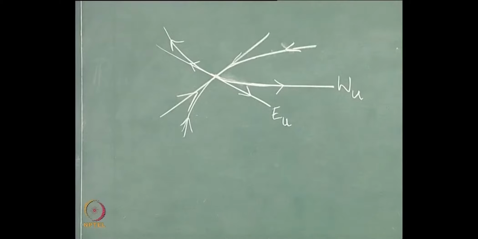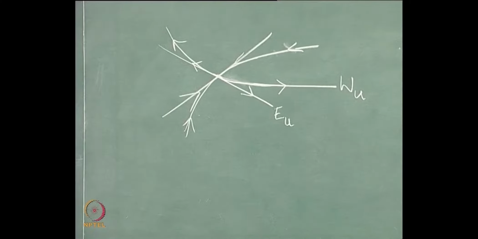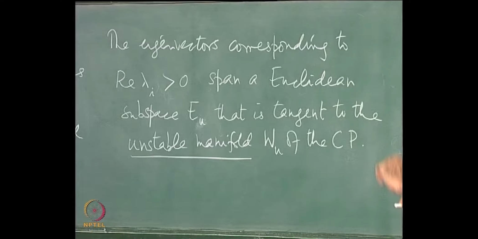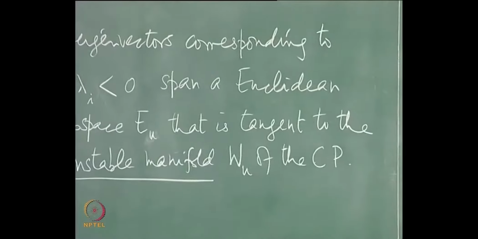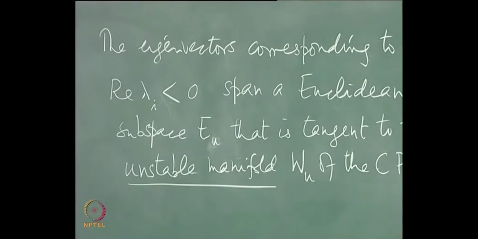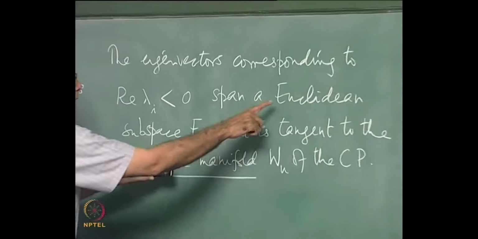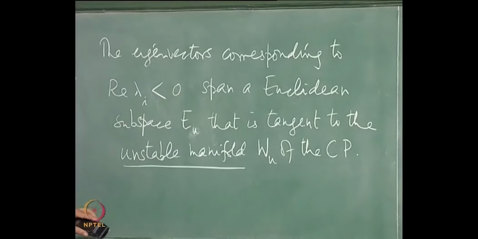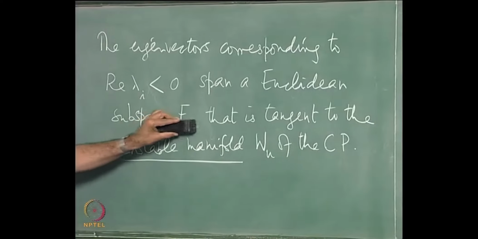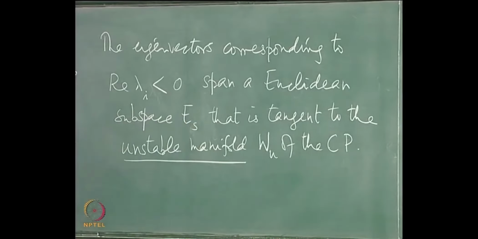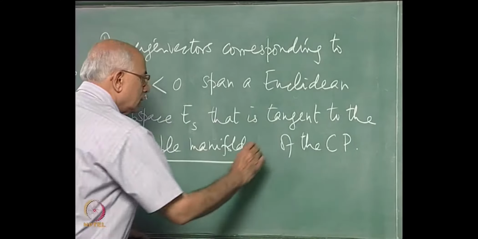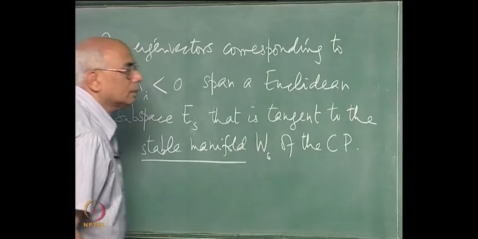Similarly, if I replace this by something less than 0, then the eigenvectors span a Euclidean subspace E sub s here, that is called the stable manifold, and it is denoted by Ws.